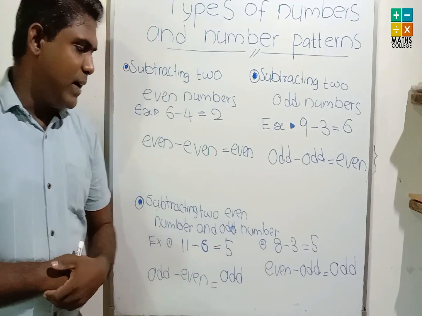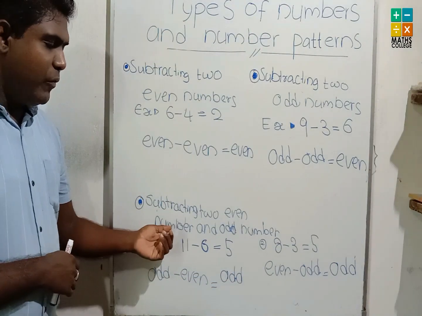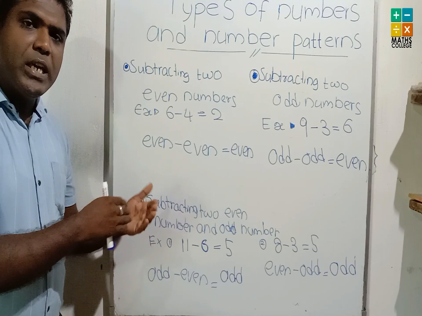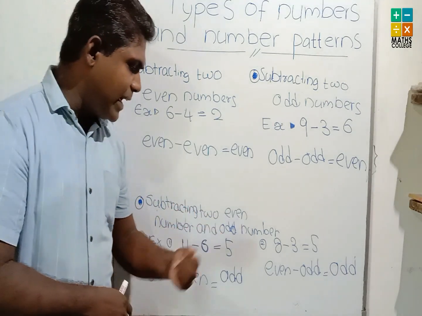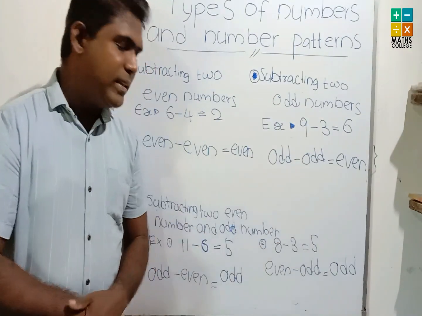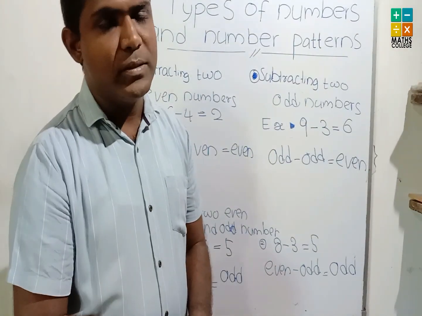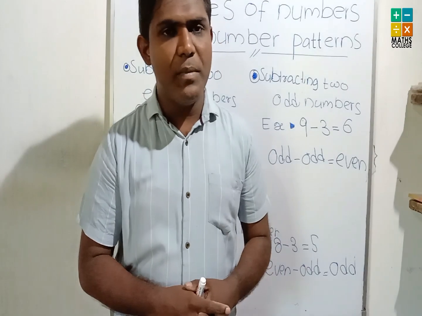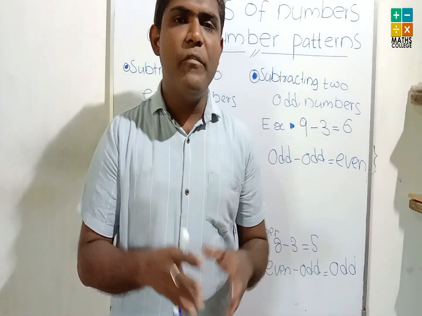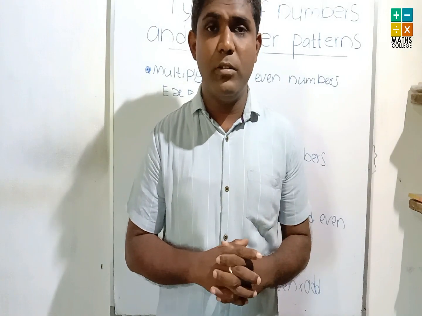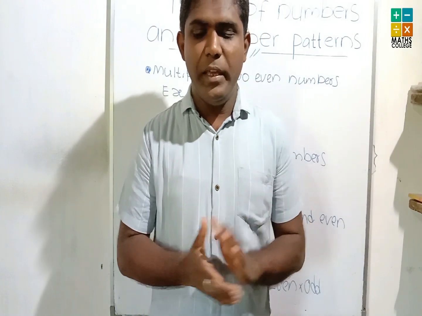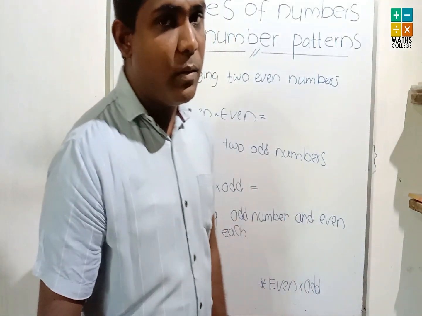And the other case, when the types are different, even and odd or odd and even, adding and subtracting, the answer is an odd number. Okay, then we can consider what happens when multiplying. Now we consider multiplication with even numbers and odd numbers.